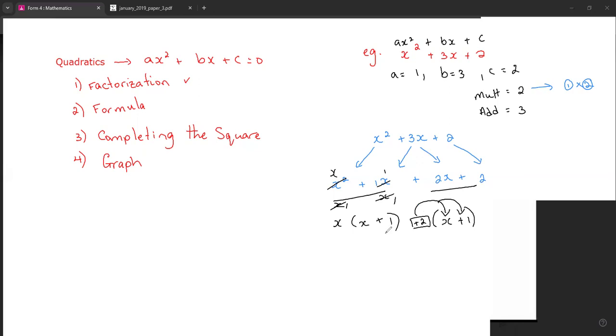After that, I'm going to pull out one of the duplicated brackets. So I'll have x plus 1, and everything else that is not inside of a bracket, I'm going to put it into the other bracket. Right, so I have x and positive 2 outside, so we're going to put those two together in the other.